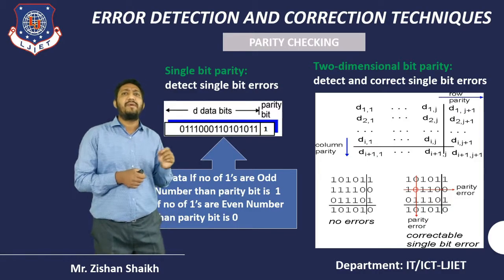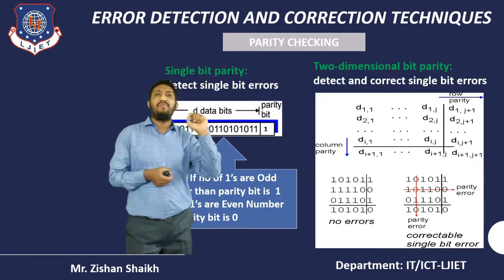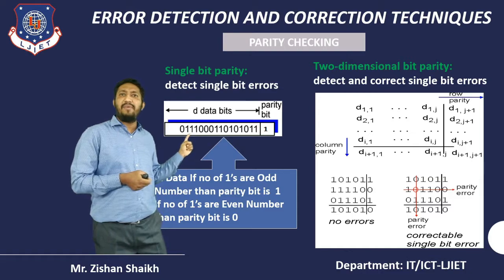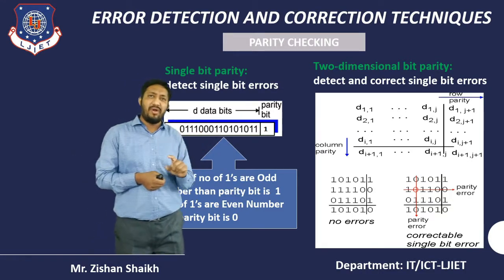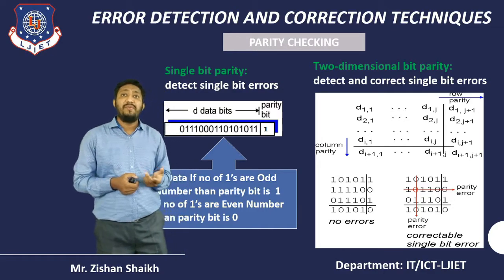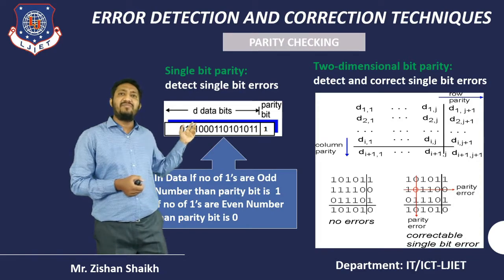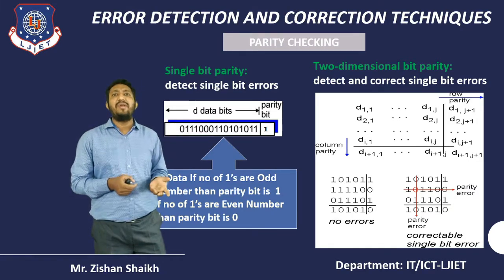Now, what happens at the receiver side? If any one bit is changed, for example if the second bit changes from 1 to 0, then when the receiver counts the number of ones, it will be different. Right now we have 9 ones, and when one bit changes from 1 to 0, the count becomes 8, which is an even number.